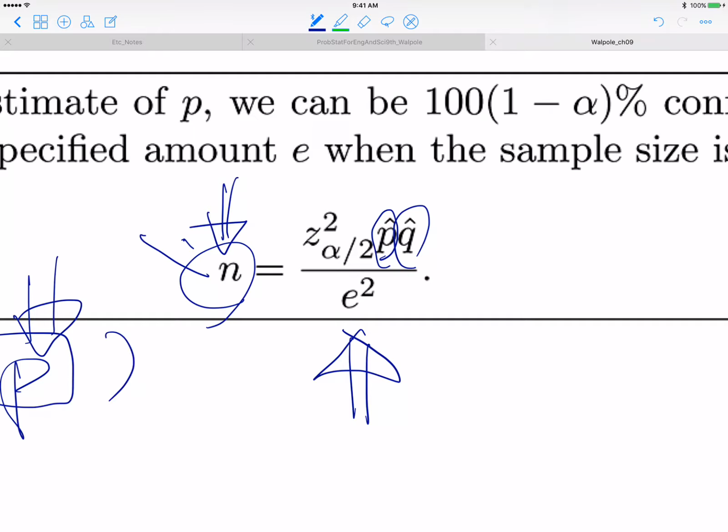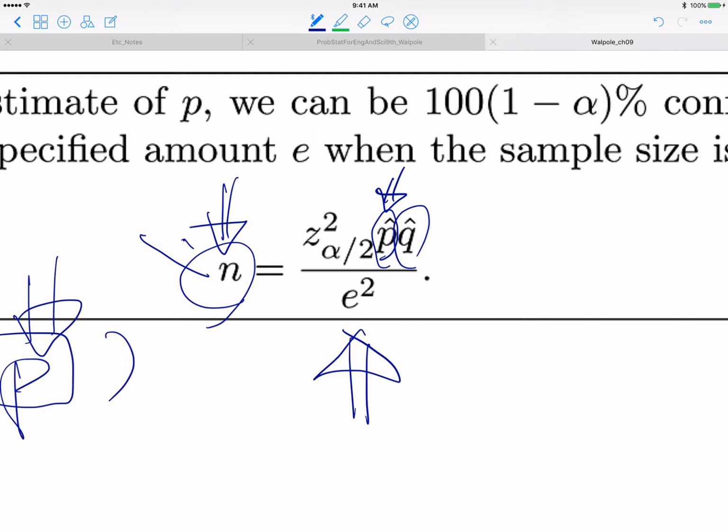But in this case, to estimate the true parameter p, our required number of samples is also dependent on the parameter that we want to estimate.